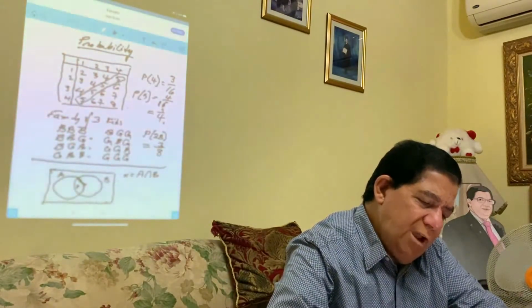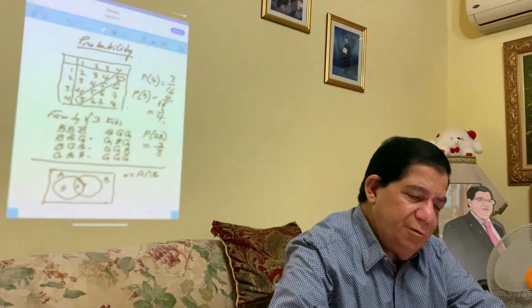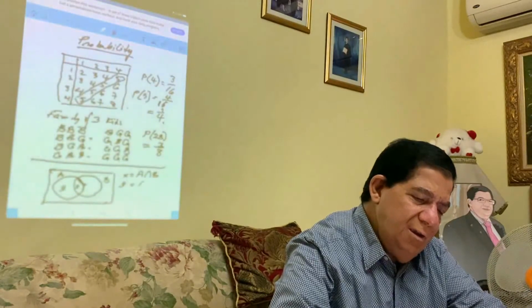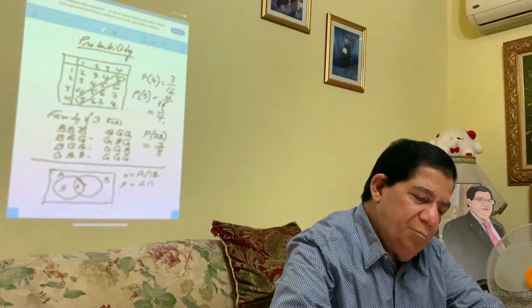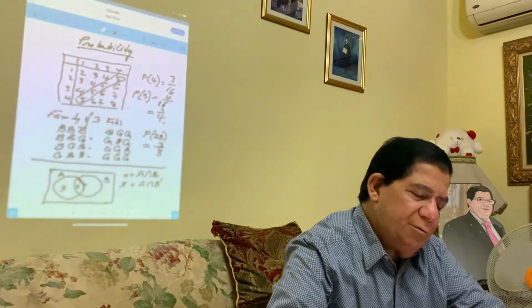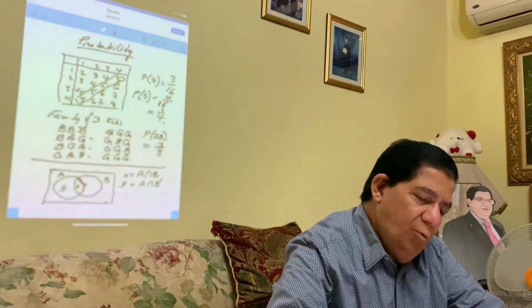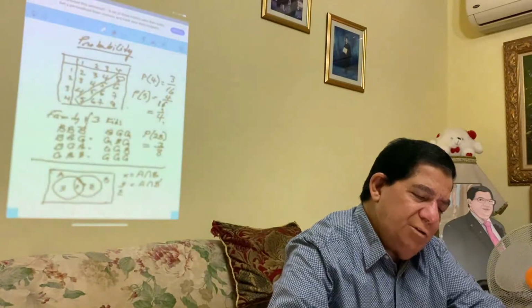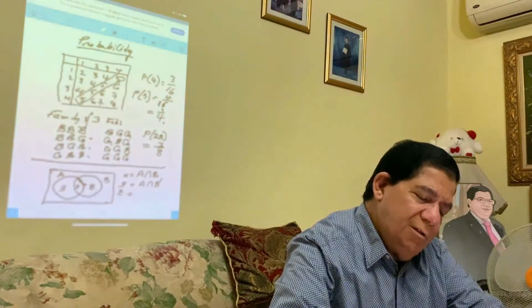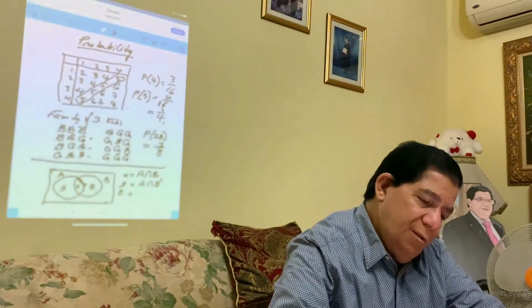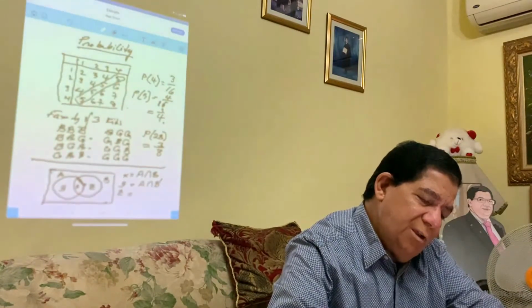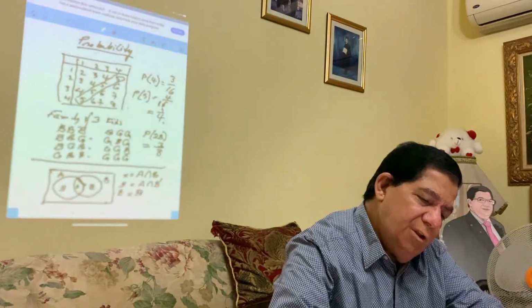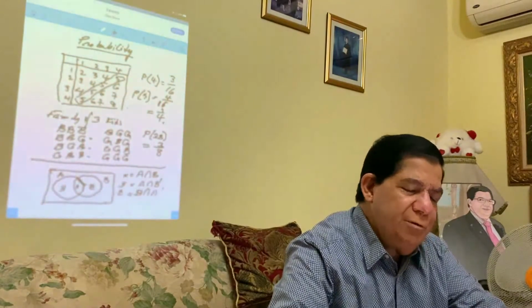What does this area Y represent? The area Y represents A intersection B complement. What does this area Z represent? The area Z is B intersection A complement.